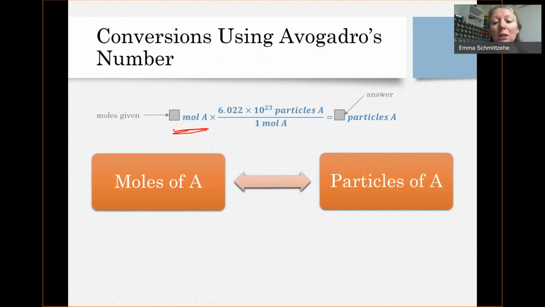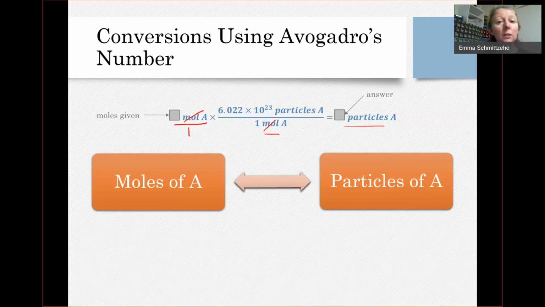So I put moles on the bottom because, remember, when I have just this standalone number, it's really that over 1. If I put moles on the bottom and particles on top, then my moles are going to cancel. And for 1 mole of anything, there's Avogadro's number of particles. Then you multiply that through and you get the number of particles of that substance. That would be your answer if you're just trying to do that one conversion.